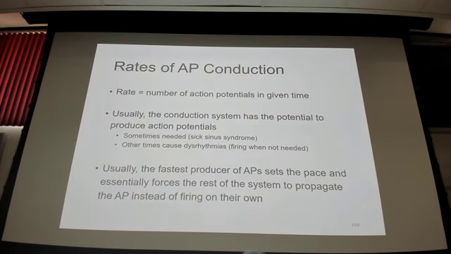So, the rates of AP conduction, right, that is how fast they inherently generate. We've already discussed this, that each one of the areas of the conductive cells has its own inherent rate of firing, its own pacemaker potential, okay?